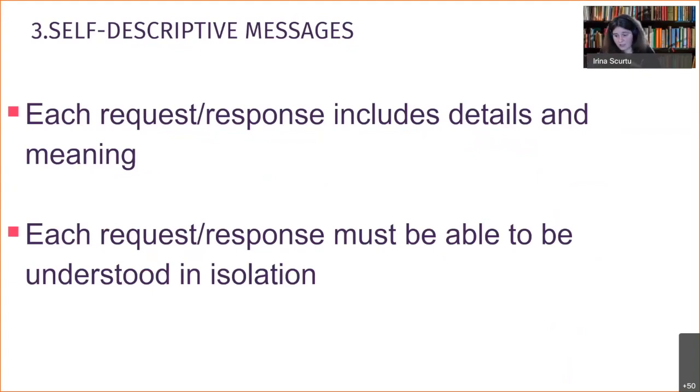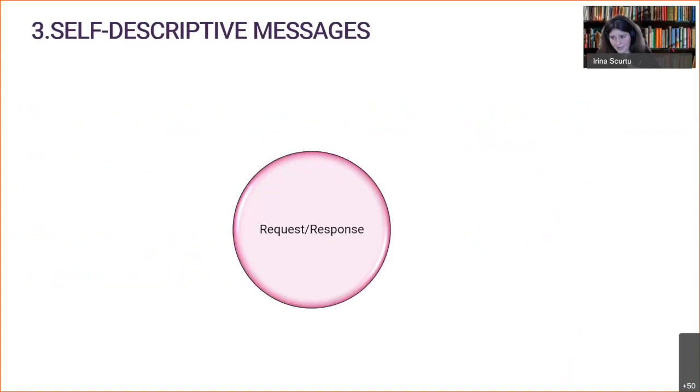So if it's a request, you should be able to tell what is expected from the server, what you should get back. So that's why we have headers, that's why we have verbs, and that's why we have custom headers, right? So self-descriptive messages are a thing that we often ignore. We ignore adding, for example, the proper verbs.